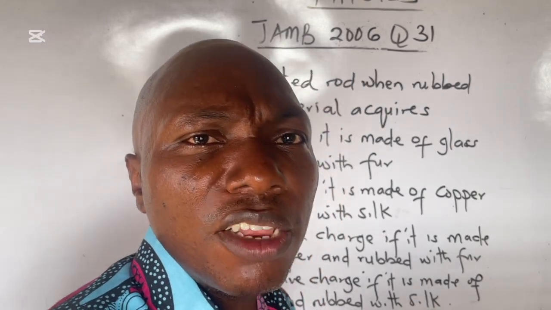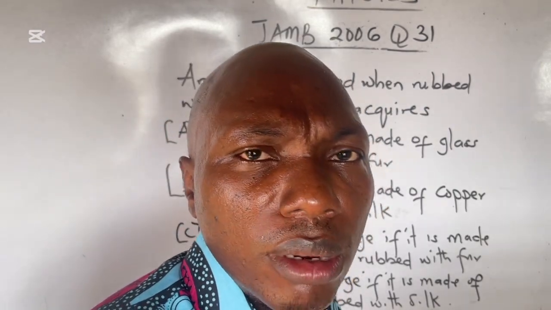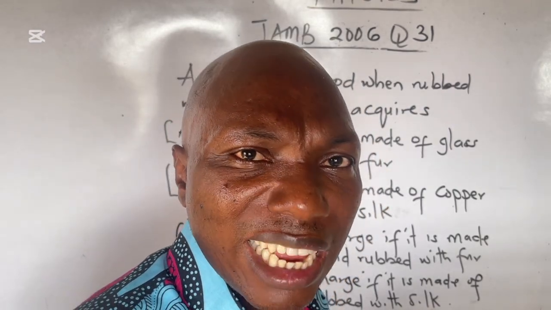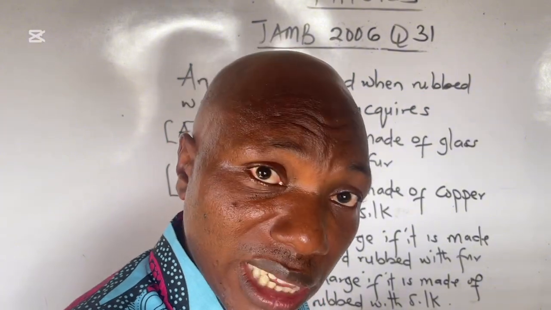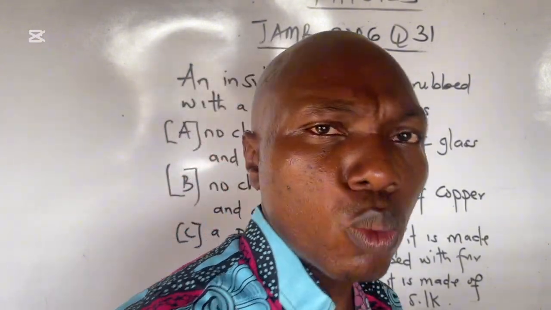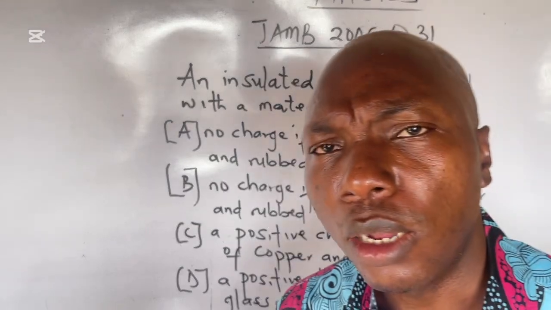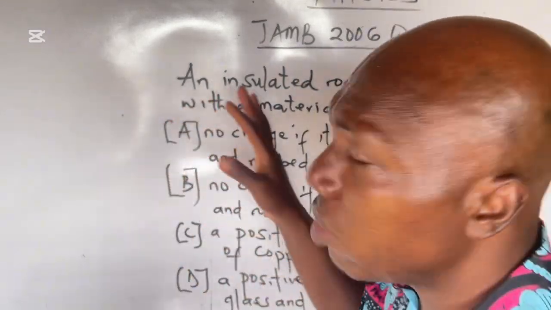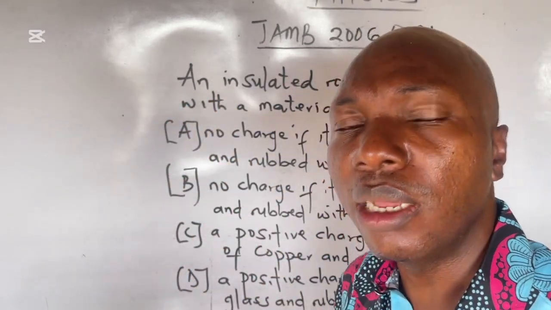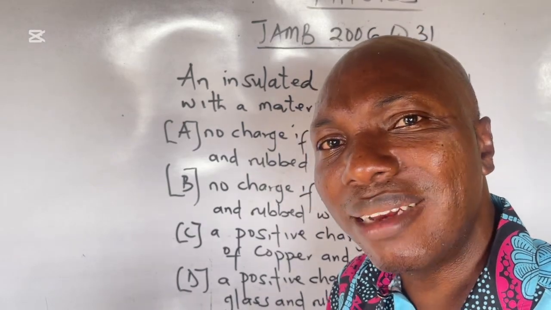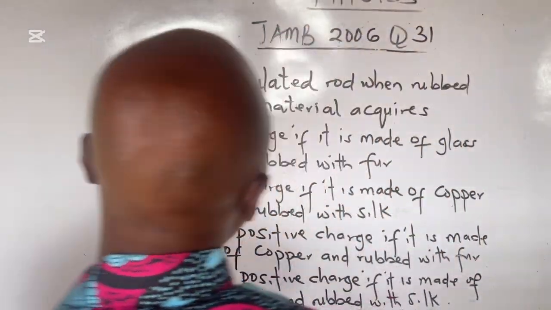This question is telling us the concept on electric charges. We have two charges, positive charge and negative charge. When we talk about positive charge, we're talking about electric charge as this topic is concerned. Let me write them on the board.